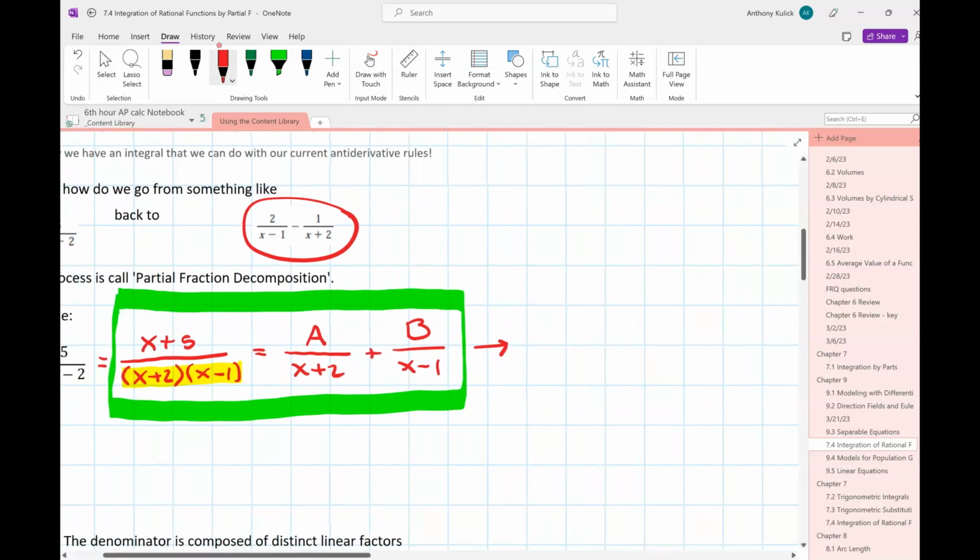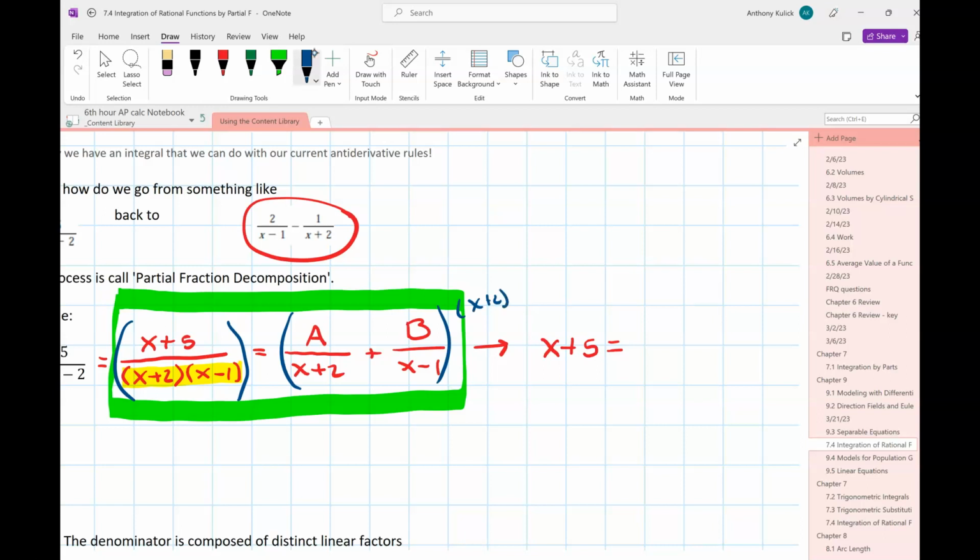When I multiply (x + 5)/((x + 2)(x − 1)) by (x + 2)(x − 1), I just get x + 5. I multiplied both sides by that common denominator, just like we would when we clear fractions to solve a rational equation.